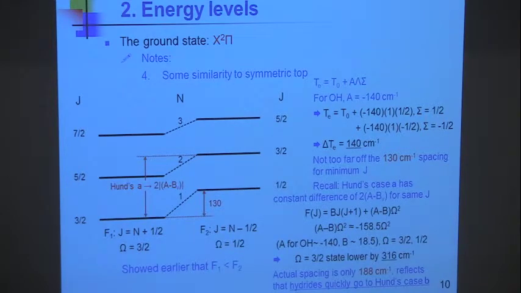If you look at it the other way, from the symmetric top point of view, F of J should be J plus 1, A minus B. This is the symmetric top term. And if you evaluate this, the spacing should be lower by twice. It should be 316. But when you measure this difference right here, it turns out to be about 188.